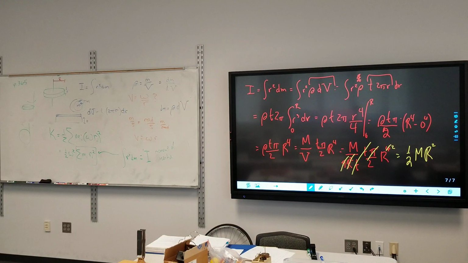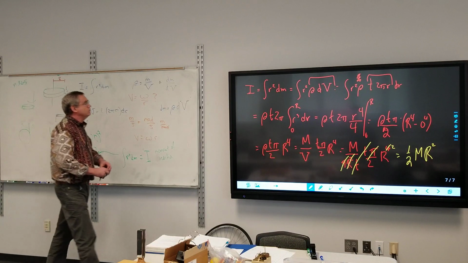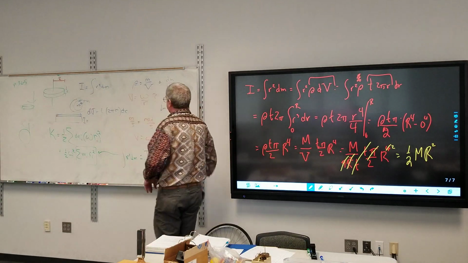And pretty much any introductory physics textbook may have a table like this. So let's just do a little plug and chug. Questions before I erase more?